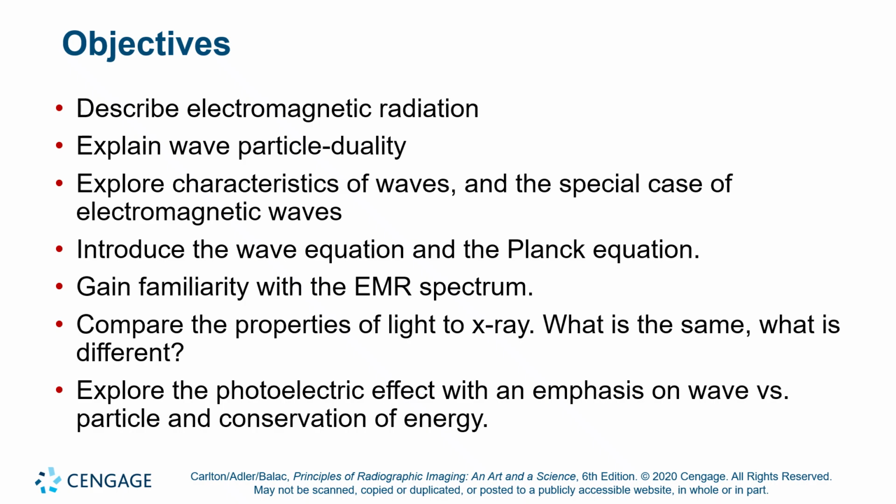Light behaves differently than X-ray does, and X-ray behaves differently than light does. What's the same, what's different? So there are some similar parts. If you took a light photon and an X-ray photon, there would be similar behaviors, but there's also different behaviors. And so I break those down on back-to-back slides.